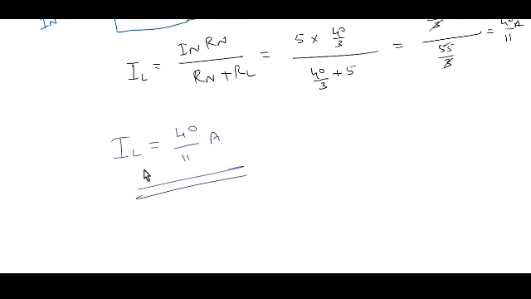In this way one can calculate the load current using Norton's theorem. If we compare the procedure we did in the case of Thevenin's theorem and Norton's theorem, in the case of Thevenin's theorem, what we did is we replaced the whole circuit by a single voltage source that is connected in series with a single resistance.